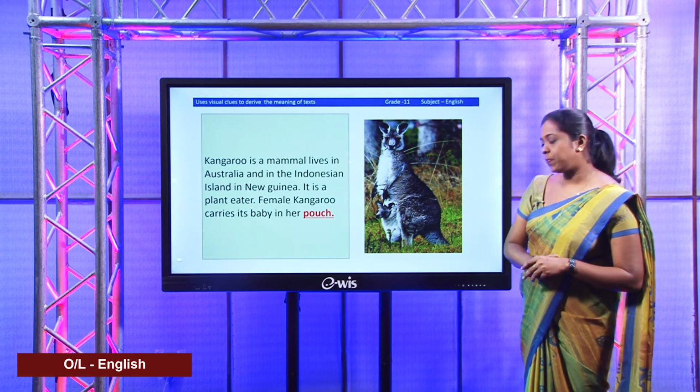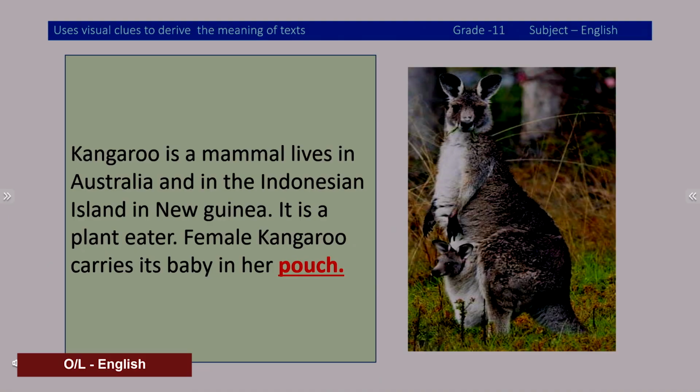Observe the picture. I know you have guessed the animal correctly. Kangaroo is a mammal, lives in Australia and in the Indonesian island of New Guinea. It is a plant eater. A female kangaroo carries its baby in her pouch. What is a pouch?